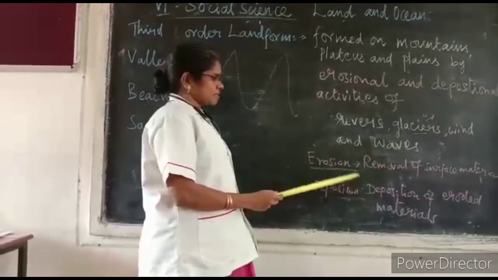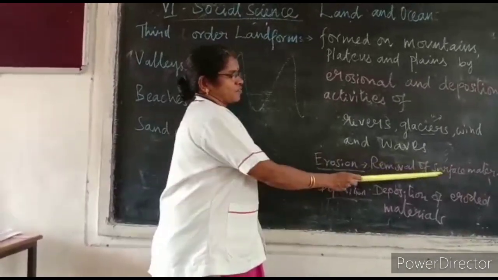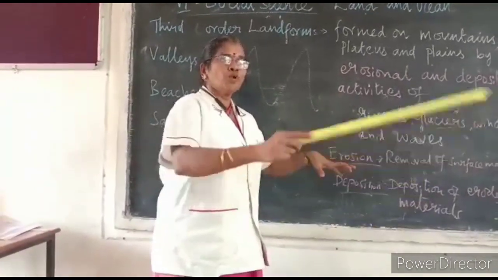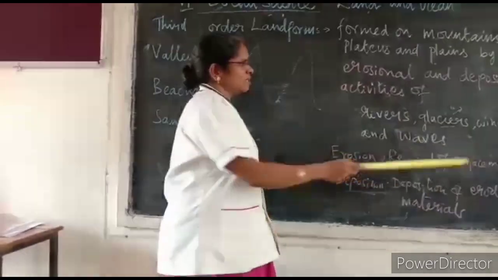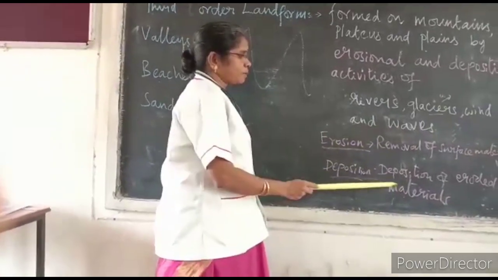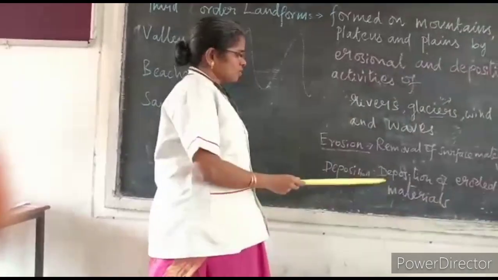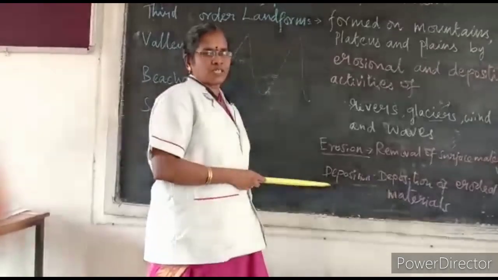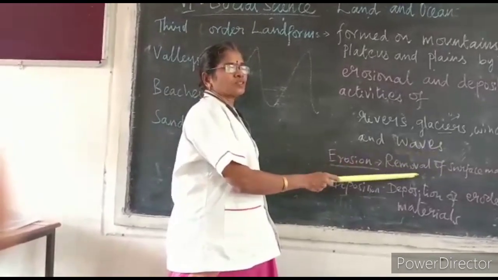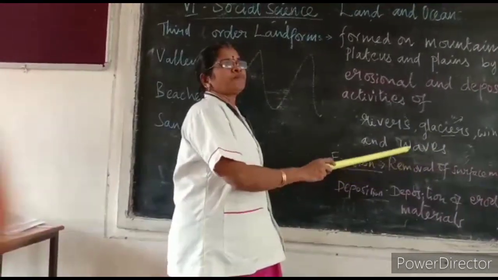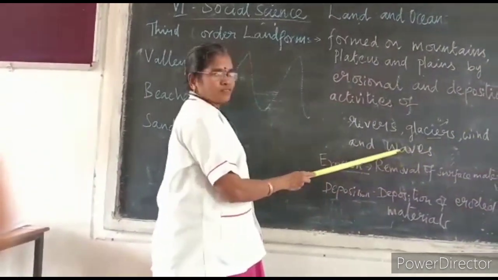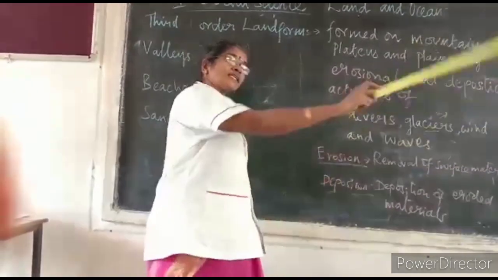What is deposition? Surface material present on the surface of the earth will move out, and it is transmitted by wind and waves, and it will be deposited in some other place. That we call deposition. So in one place the material present on the surface of the earth is removed, transmitted by wind and waves, and deposited in some other place.